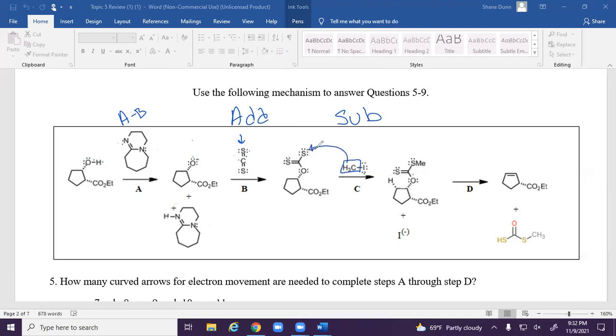Addition is usually for very large molecules. Substitution is very, very small, usually like a methyl group or an ether or something like that. Very, very small molecule. Okay. And lastly, D is what? Make a double bond. Elimination.